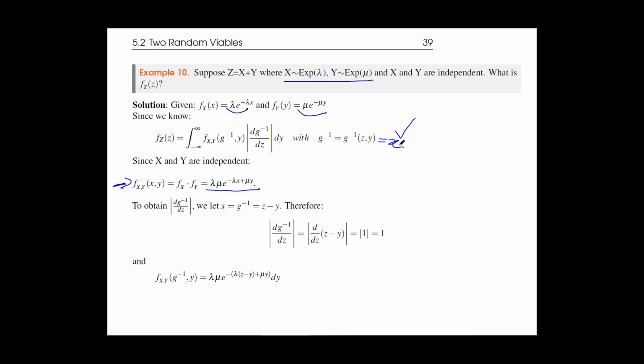Then the absolute value term is z minus y, and then we take the derivative with respect to z, and you're going to get that it's equal to 1. Very simple.